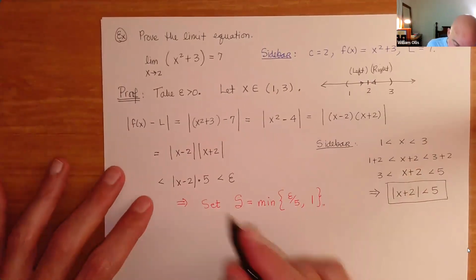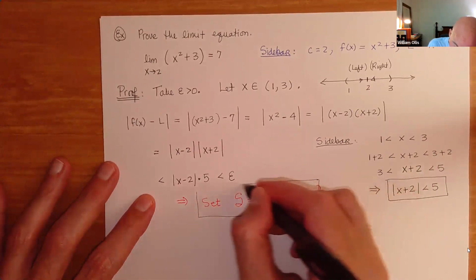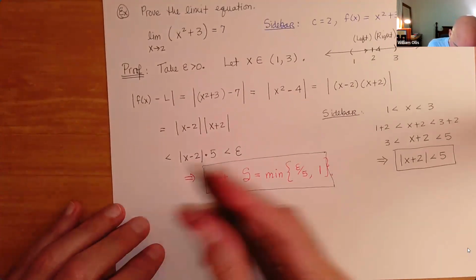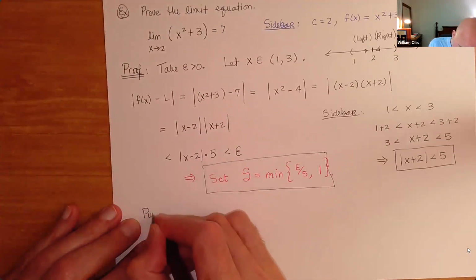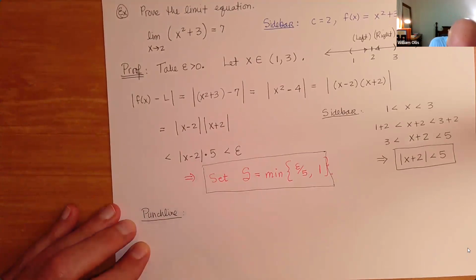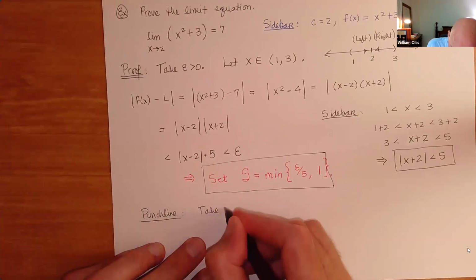So now we have a way to select an epsilon. Here's the punchline, if you want to write it. So we say take epsilon positive.